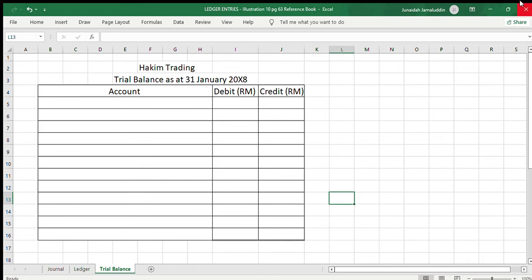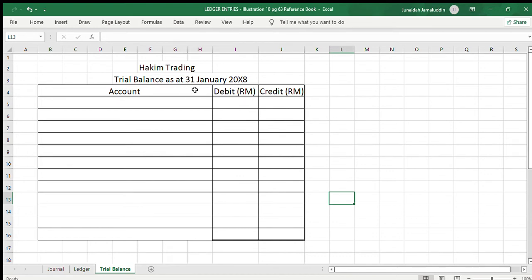Okay, it must have the name of the business at the top of the trial balance, followed by the name of the statement. The name of the statement here is trial balance as at 31st January 20X8. Okay, so trial balance is usually prepared at the end of a certain period. Say for example at the end of January.